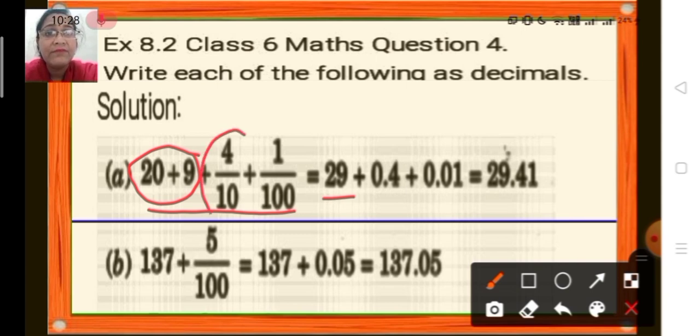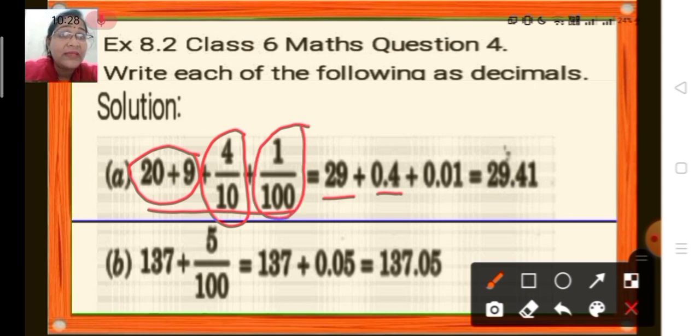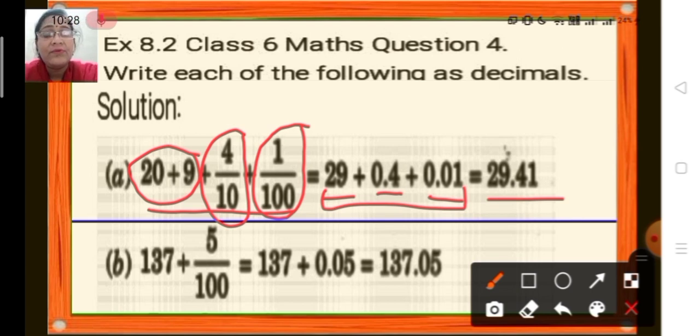Then we will convert this 4 upon 10 fraction into decimal as 0.4, and 1 upon 100, as we know, is equal to 0.01. Then adding these 3 quantities we will get the sum as 29.41.